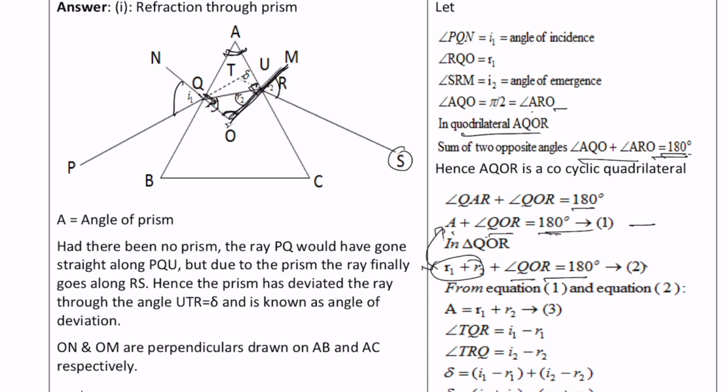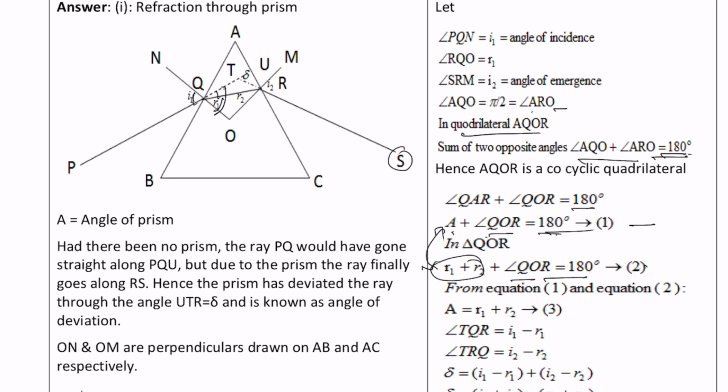Now TQR, this angle, is equal to I1 minus R1, because the total is I1 and this part is R1.